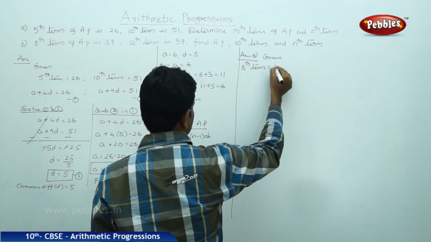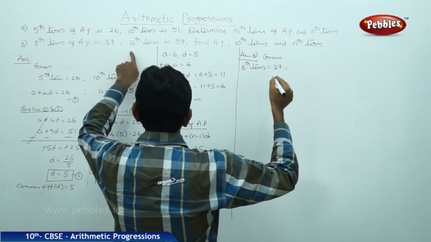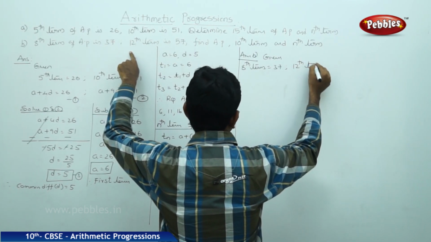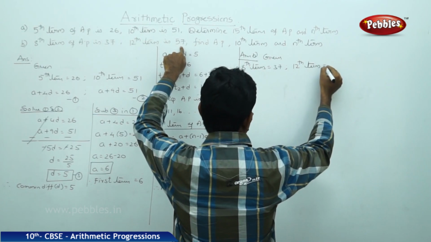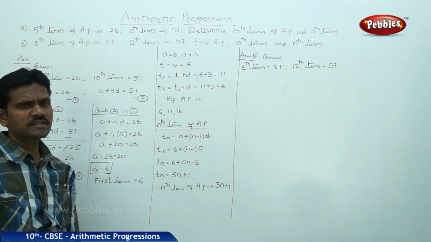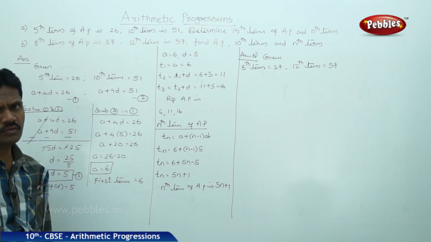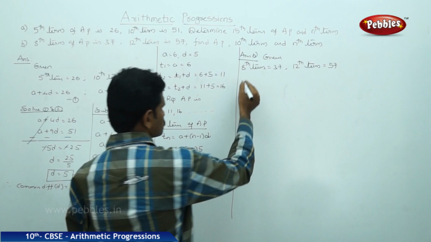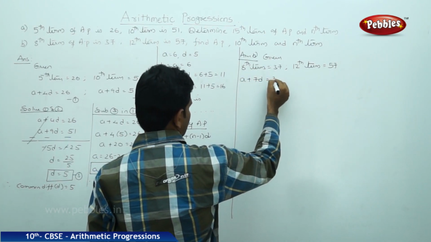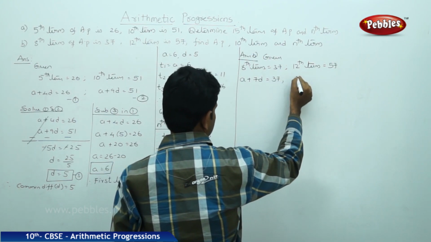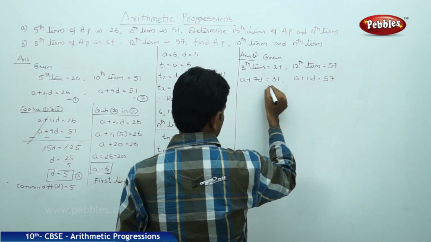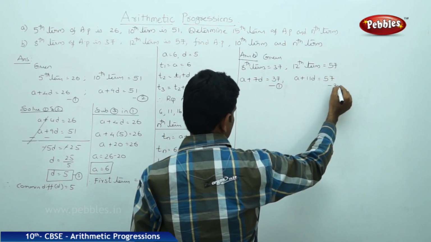Eighth term equal to 37, 12th term equal to 57. Eighth term: a plus 7d equal to 37. 12th term: a plus 11d equal to 57. This is equation 1, this is equation 2.